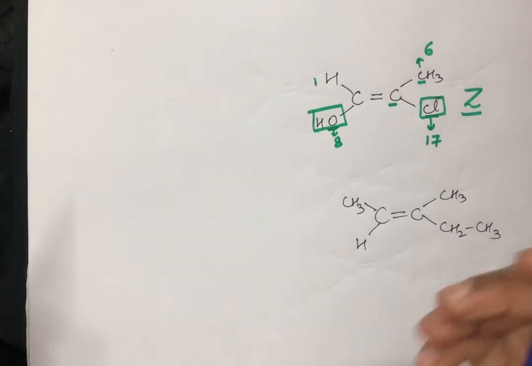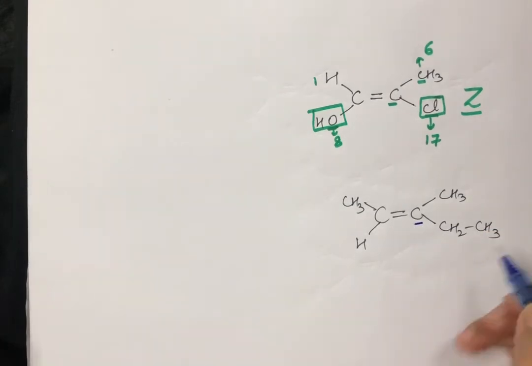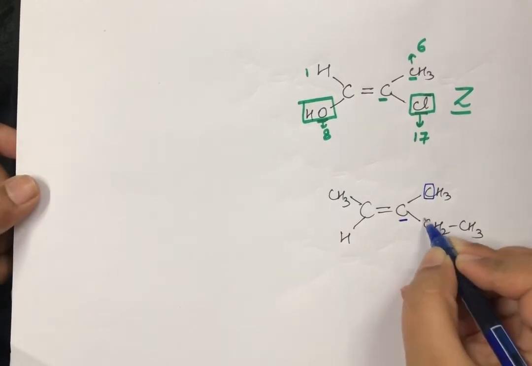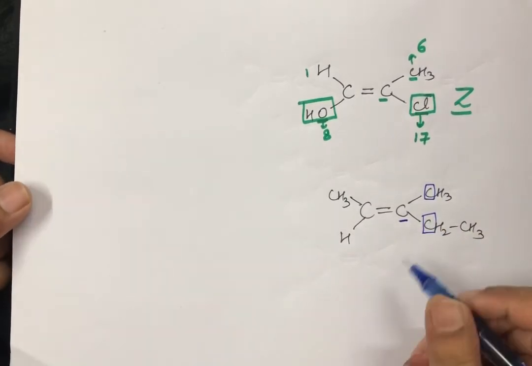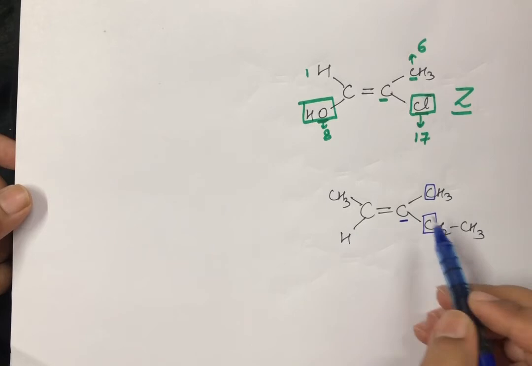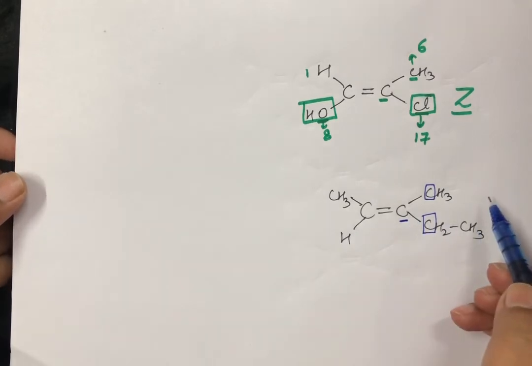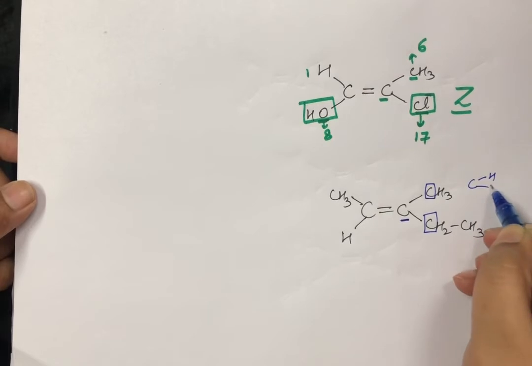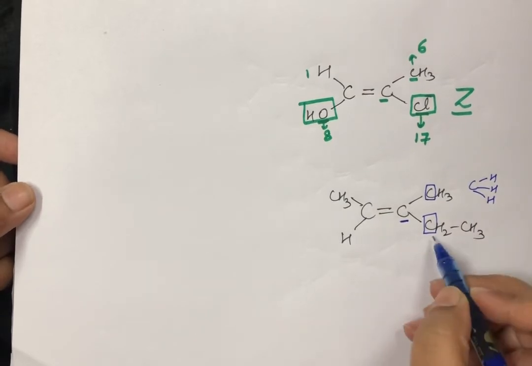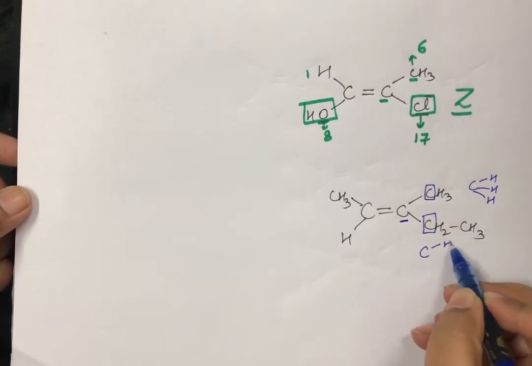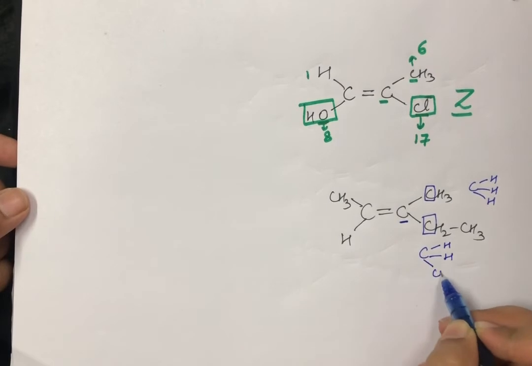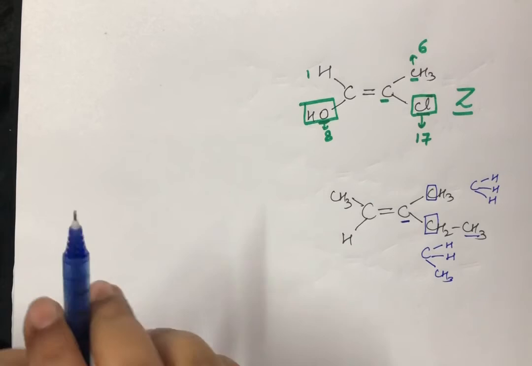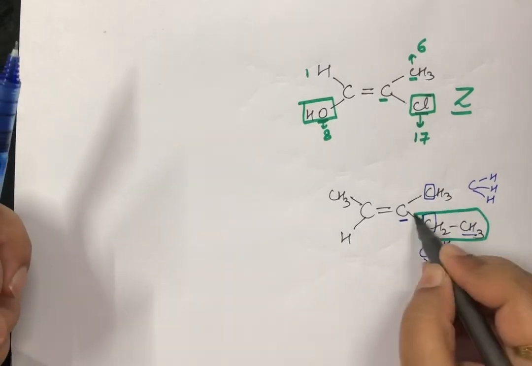On the very first carbon, I have one carbon attached, and here also there is one carbon attached. In such a scenario, we will move to the next atom it is attached to. This carbon is attached to 3 hydrogens. But this carbon is attached to 2 hydrogens and 1 CH3 group. So definitely this is of higher priority here.